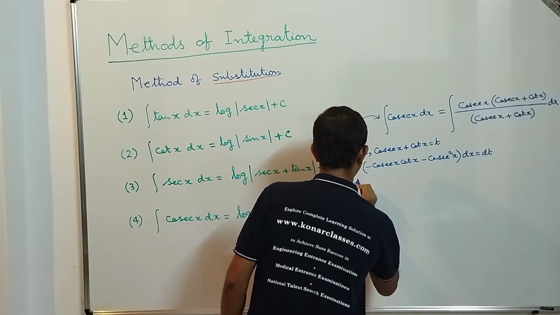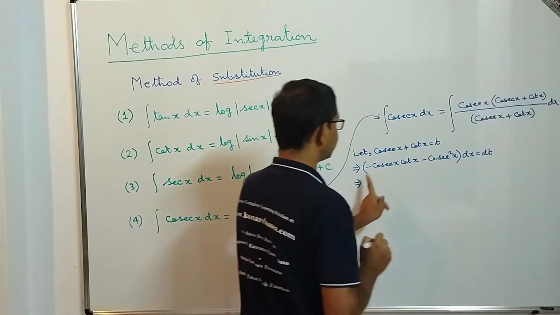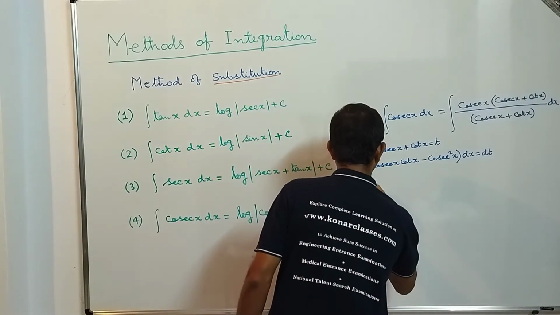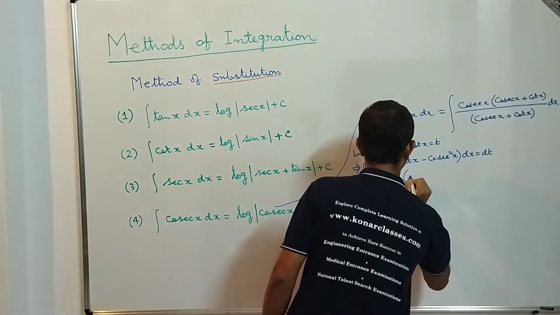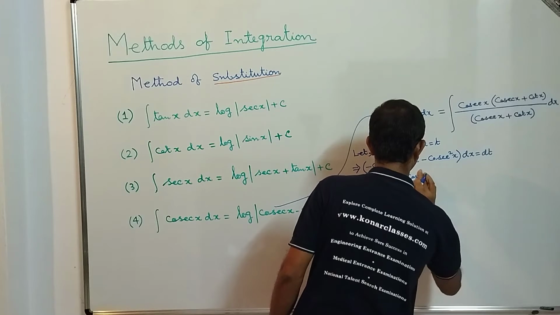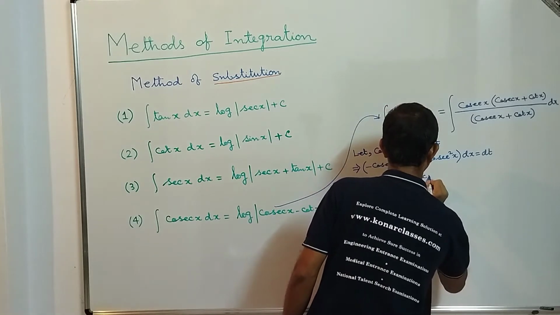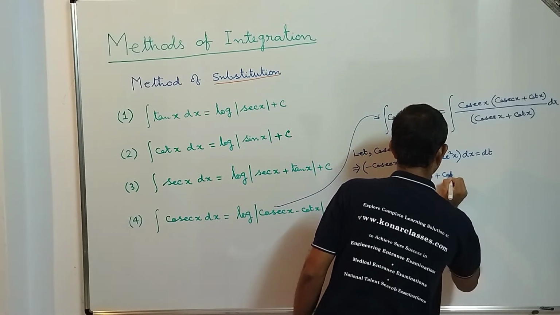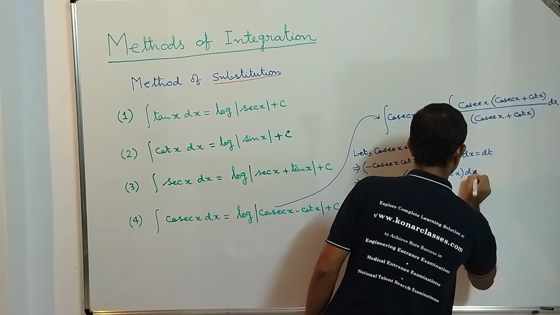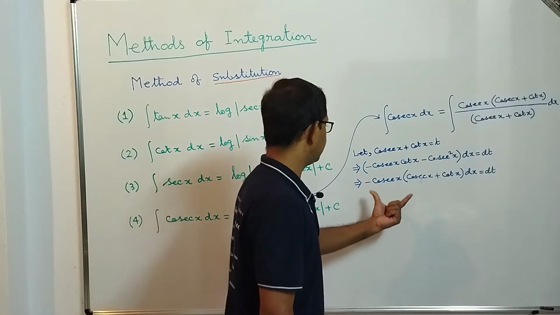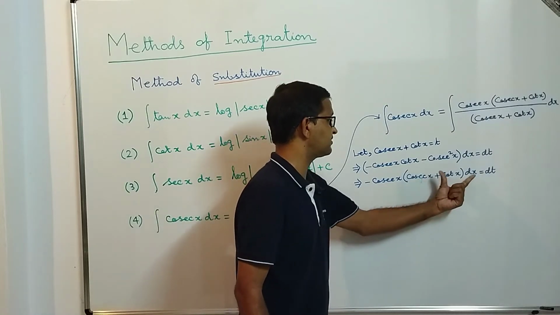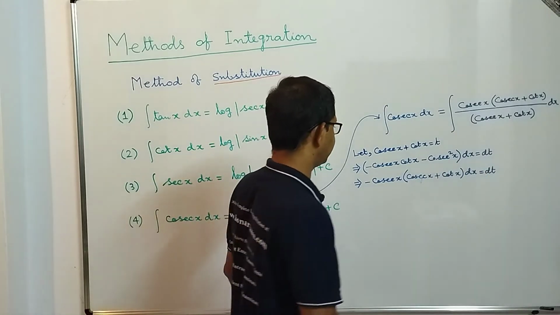So from these two, what can we take common? Minus cosec x common. If we take minus cosec x common, what do we get? Cosec x plus cot x, dx is equal to dt. So what we get, dear students, is cosec x into (cosec x plus cot x) dx equal to minus dt.